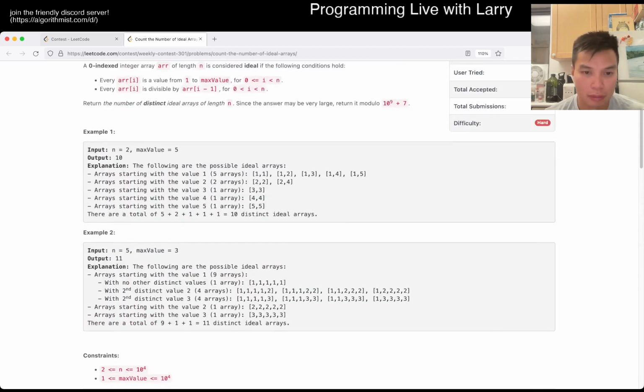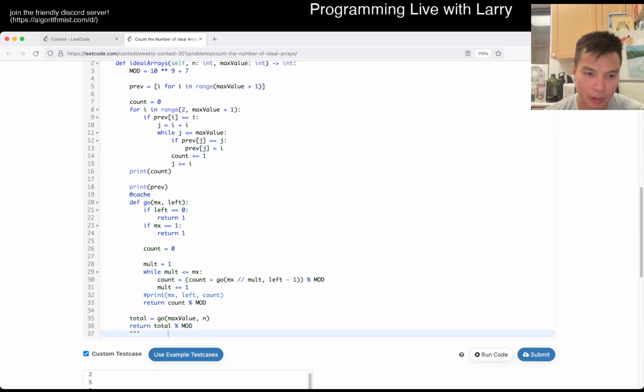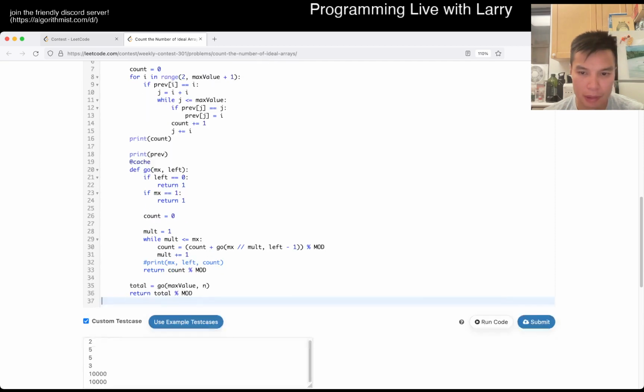I don't know. Okay, I guess one thing I can do is see if I can figure out a pattern. Maybe that will have to be the way to do it.